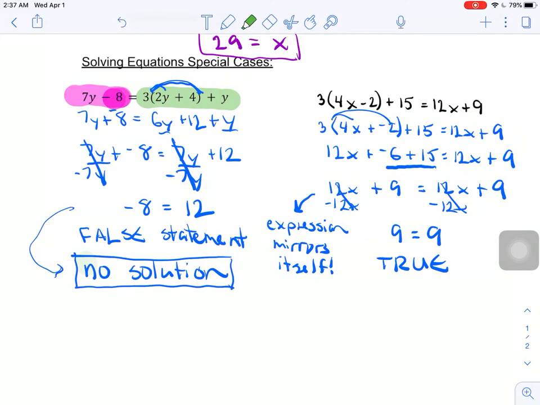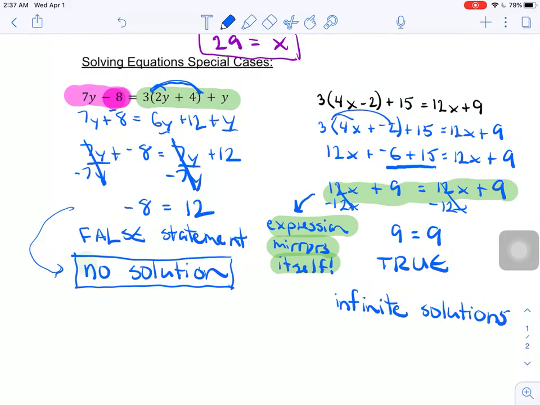So if you get to this point where your expression is mirroring itself, then you could actually stop on this one, and your answer would be what we call infinite solutions, which basically means I can pick any number I want, and it's always going to work.